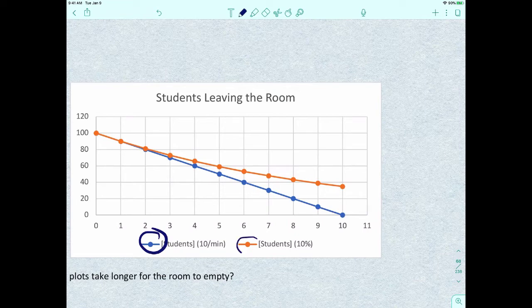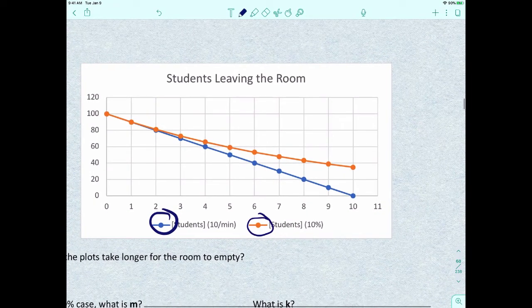But if we look at this orange plot, where we've got the 10%, it starts to approach 0, but it's going to take an awful long time to get there, and you may never touch 0.